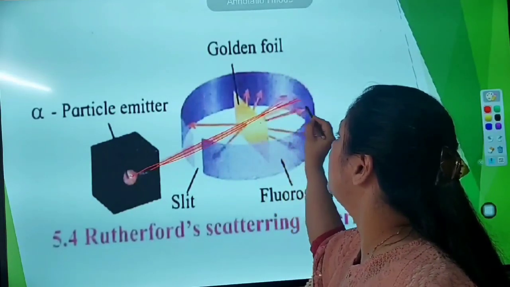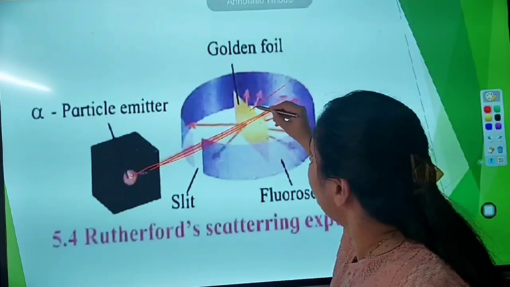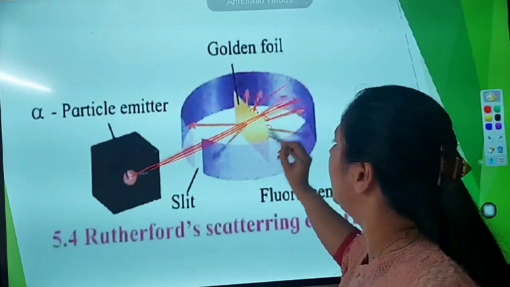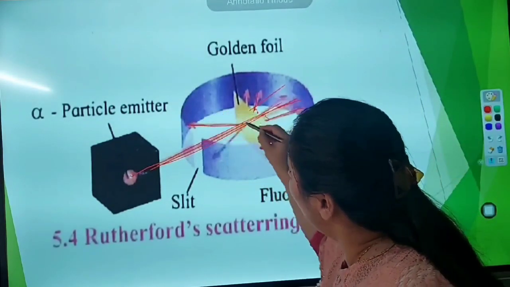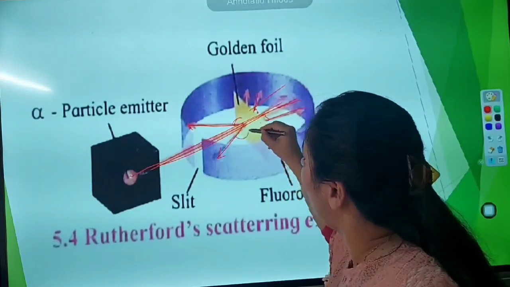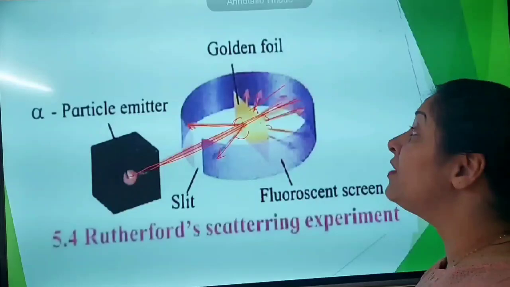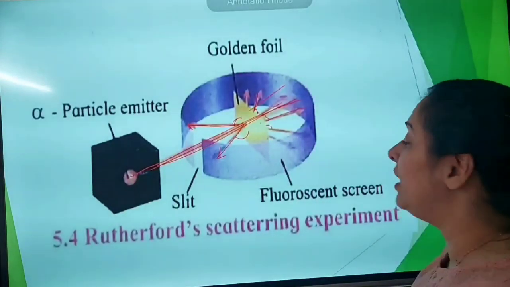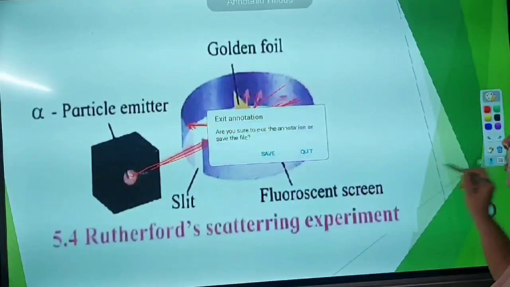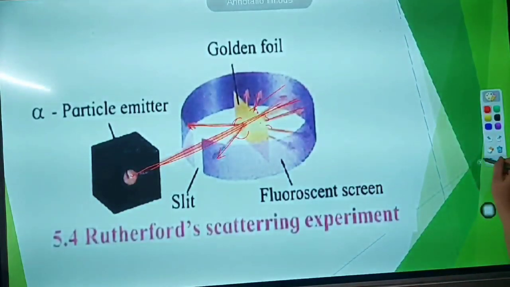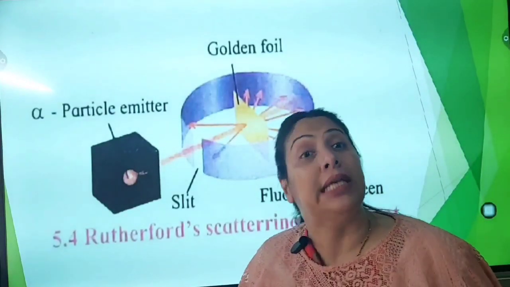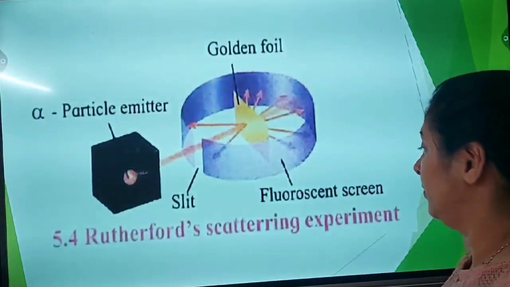Very few at a very small angle deflected. It was a very small angle. And there were only 2 or 1 of them which had a wider angle of deflection. This was very, very contradictory, very, very different from what they had thought. So that's where it came up that maybe Thomson's theory was incorrect.